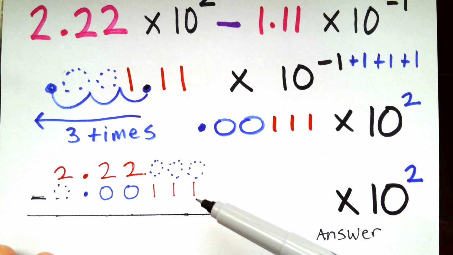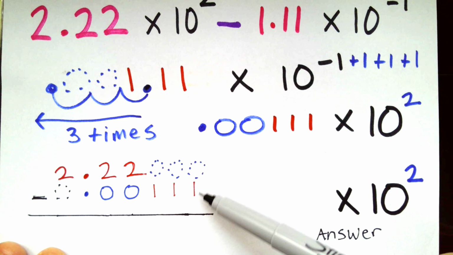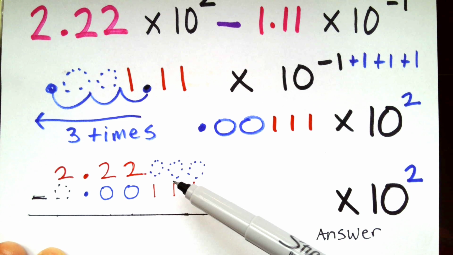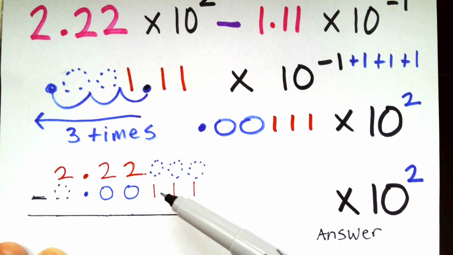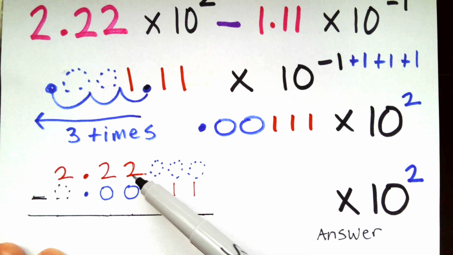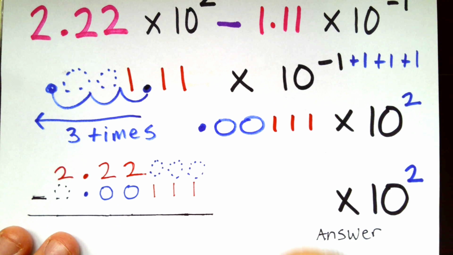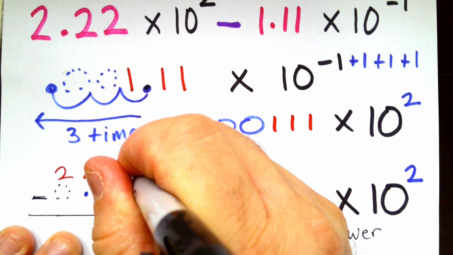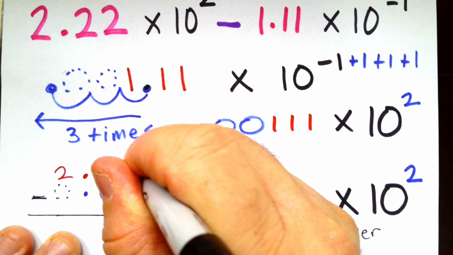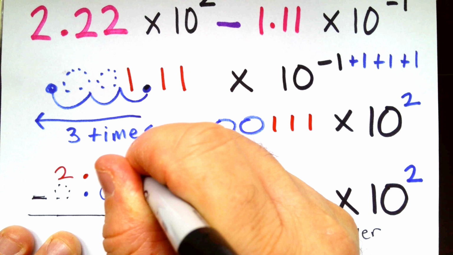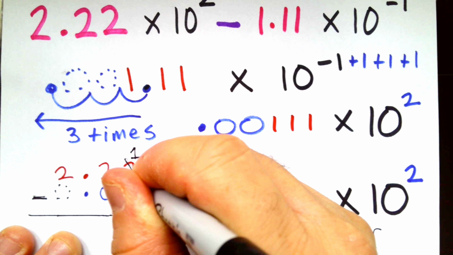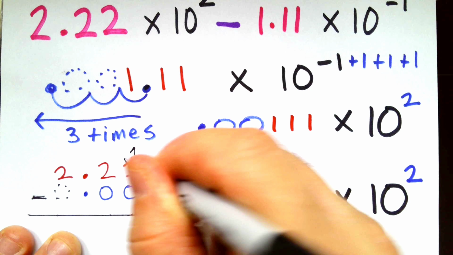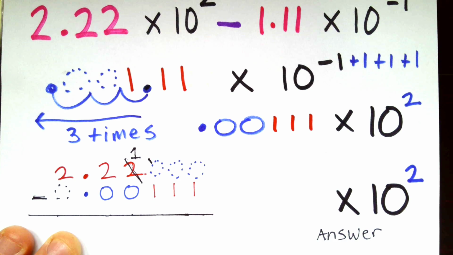Invisible ones really clarifies a lot of things that are confusing in mathematics. I want to show you here how you cannot take 1 away from 0. So what you have to do is borrow from the 2, and that turns it into a 1. The 1 that you borrowed turns that first 0 into a 10.